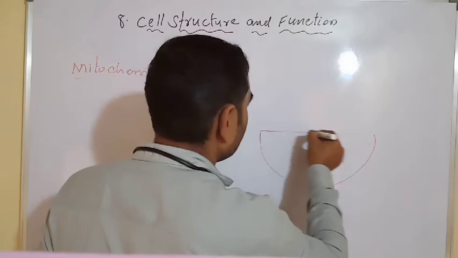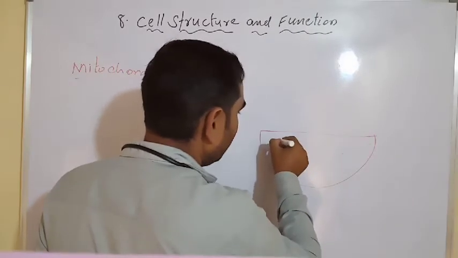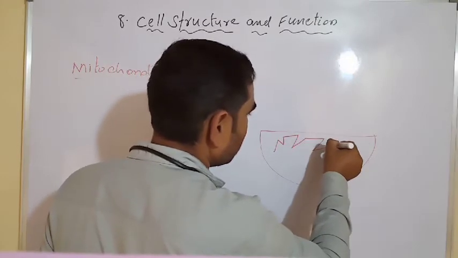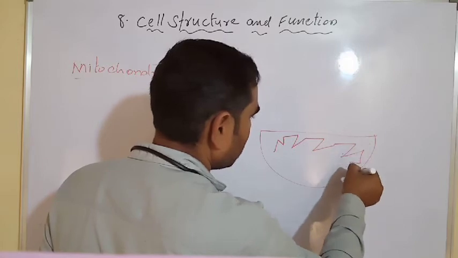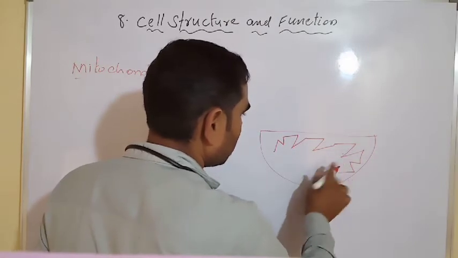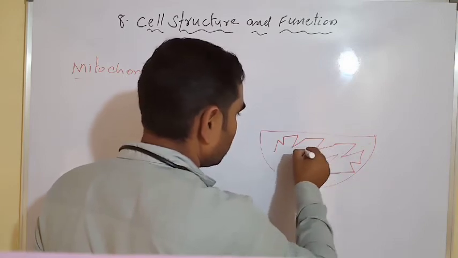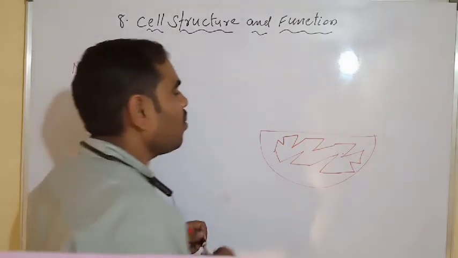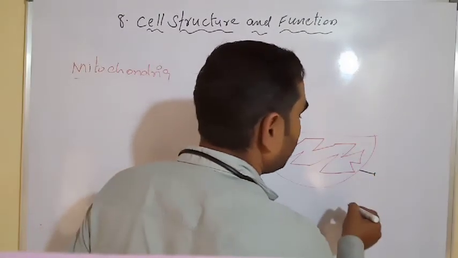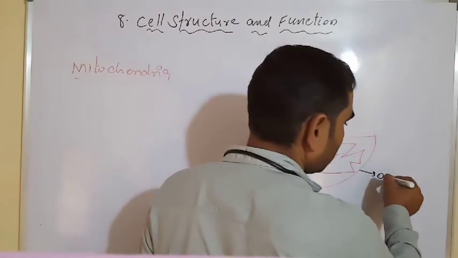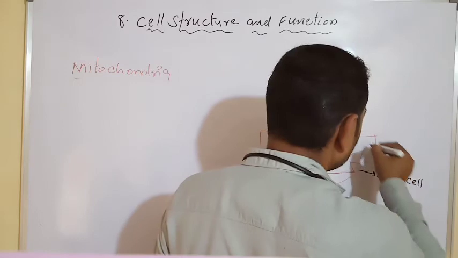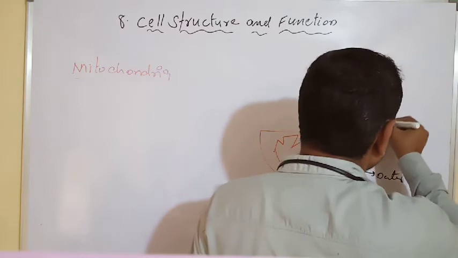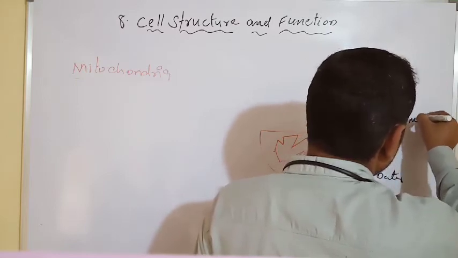Inside the mitochondria there is an outer membrane and an inner membrane.